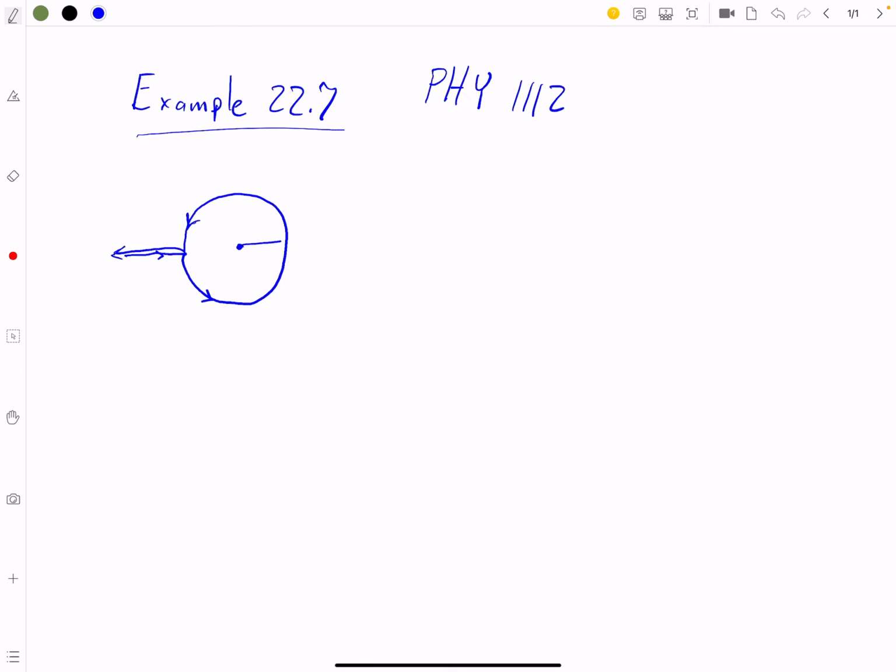And the circle has some radius r. We found that when we have that situation, we have a B field created that is mu naught I over 2 times the radius.